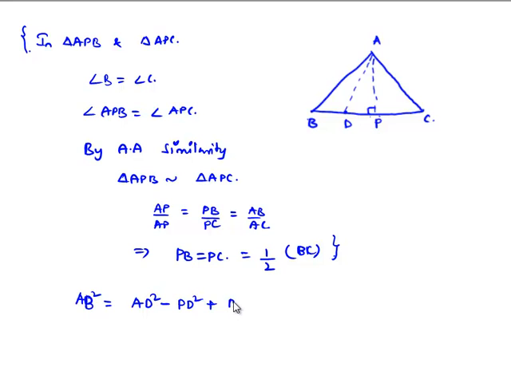plus BC square by 4, which implies AB square is equal to AD square minus, here we can write PD as BP minus BD whole square.